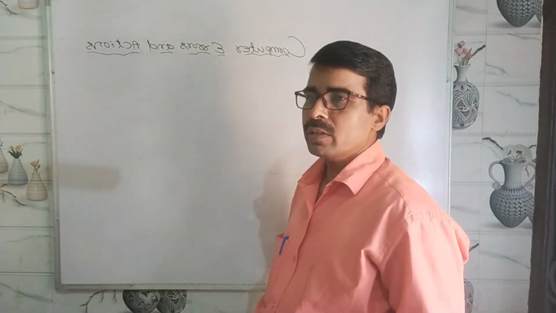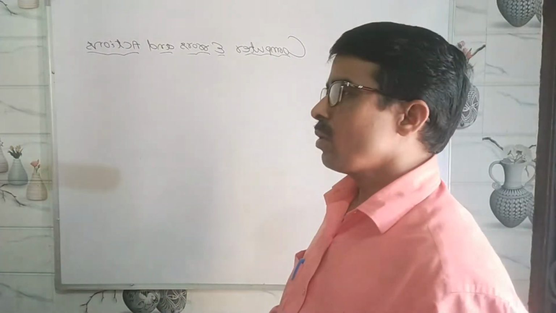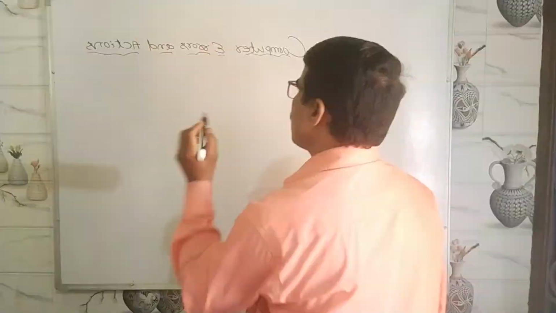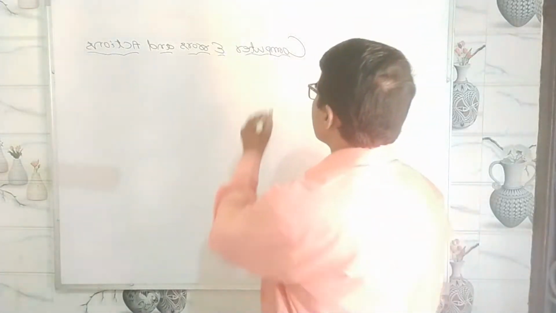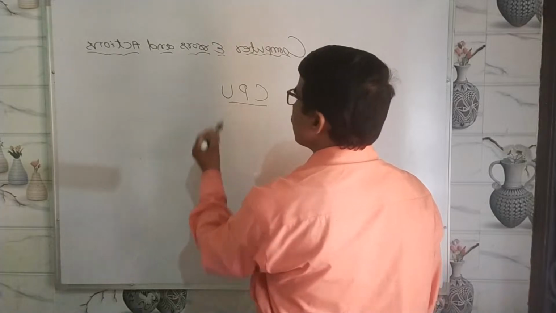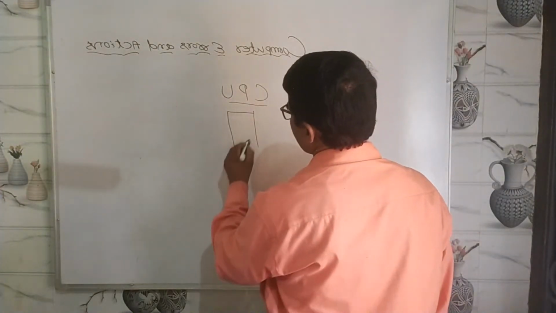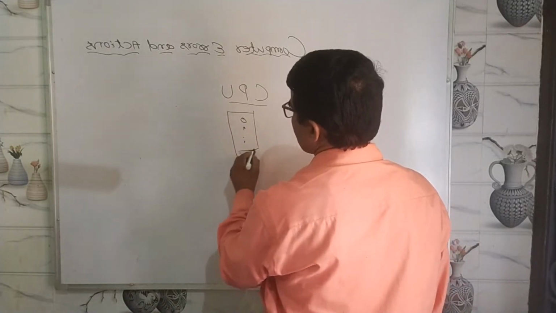But in this case we will go through hardware. Hardware means the physical parts of the computer. What are the physical parts? First we will see the CPU. Commonly you know the CPU, which is like this.